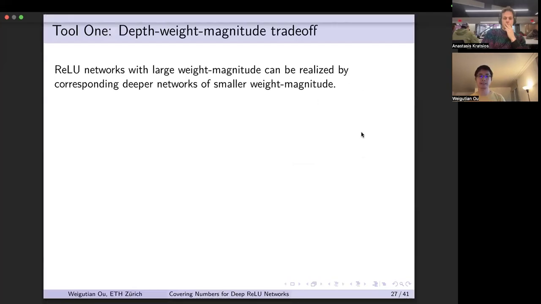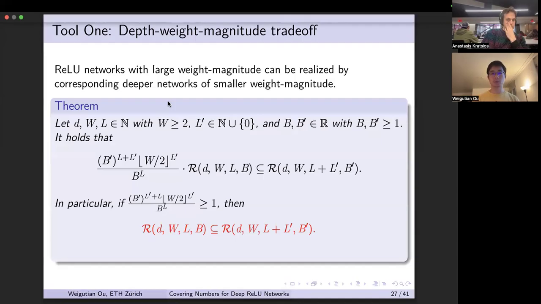Now, in the previous parts of the talk, you may be curious why the network I use has weights lying between -1 and 1. Because sometimes it will be very difficult for you to construct a network achieving certain things under such a constraint. And I get rid of this problem using the depth-weight magnitude trade-off, which shows that a ReLU network with large weight magnitude can also be realized by a corresponding deeper network of smaller weight magnitude.